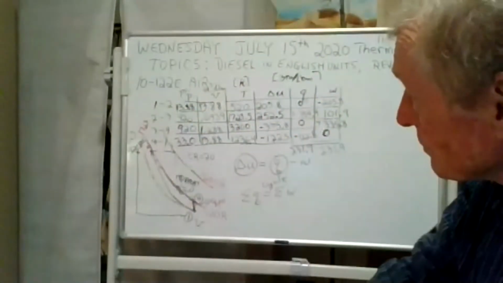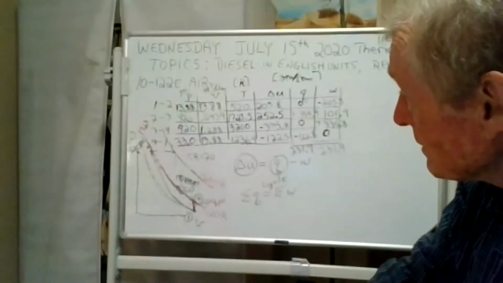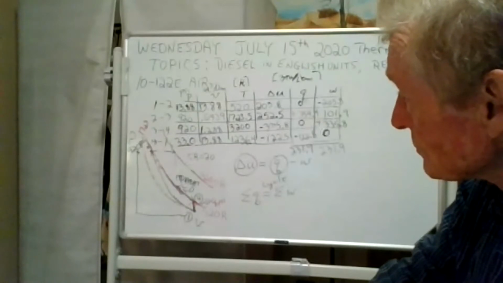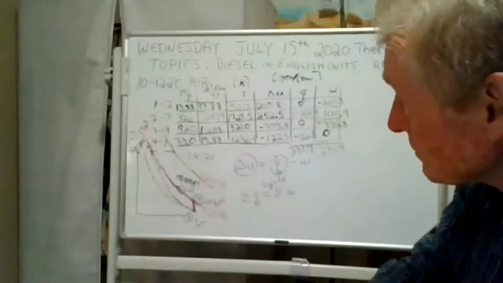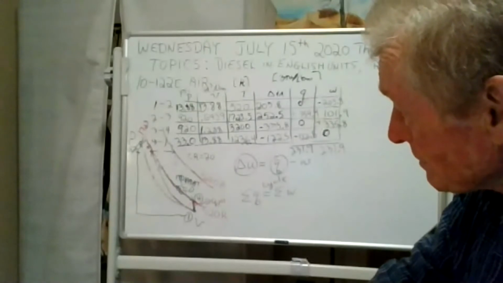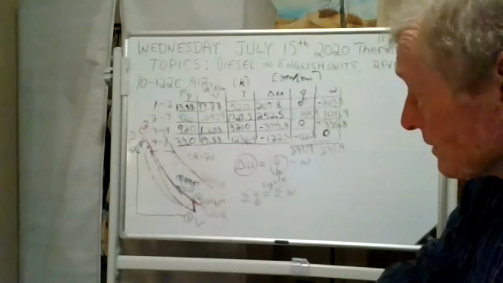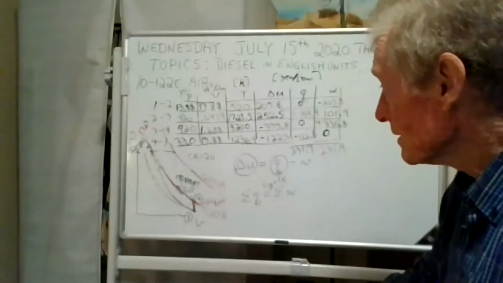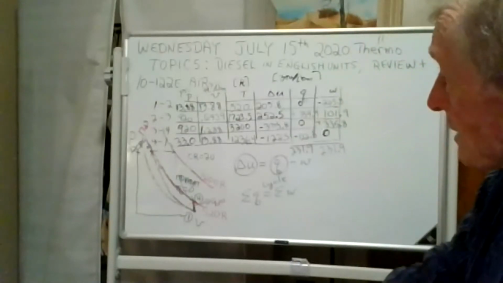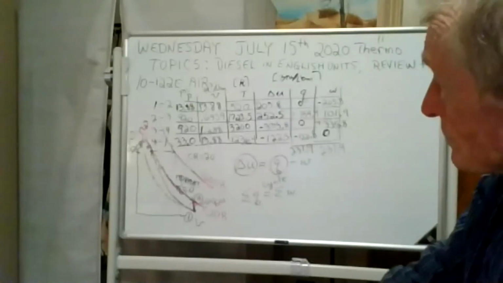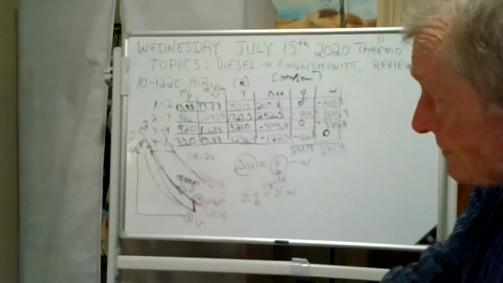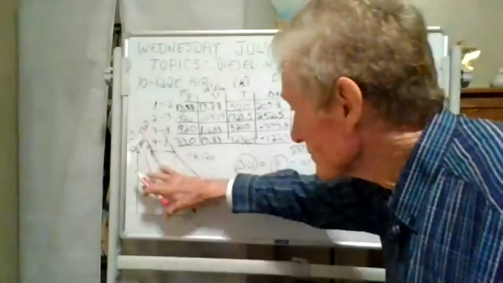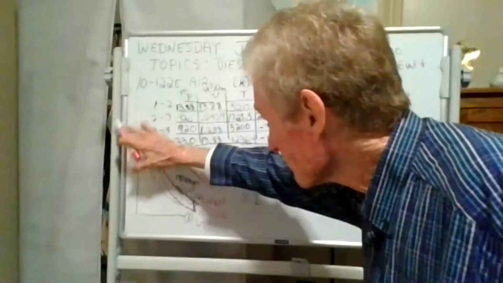And then what is this 1236? I'm getting all fouled up. No, wait a minute. State 4 is 1236. I'll get this right eventually.